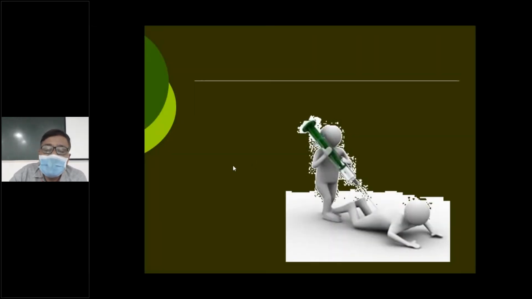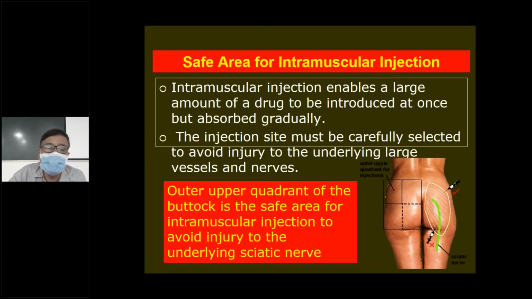Now, the buttock is a famous region to give injections, particularly if the injection is painful, like iron injections, like Imferon. Where do you give? You will not choose the arm, you choose the buttock, where we have plenty of muscle mass. But in the buttock again, we have plenty of nerves and vessels, so you have to be very careful about where to give.